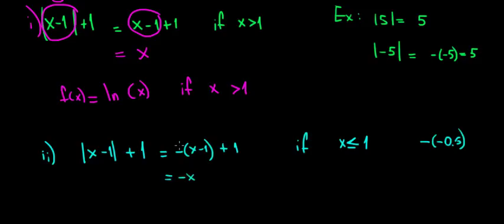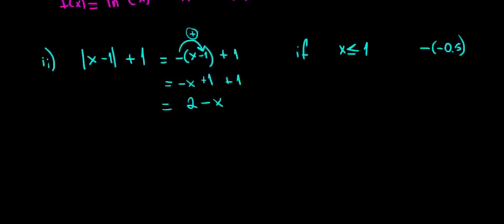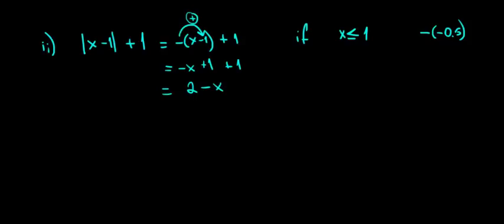That's minus x, and then we change the sign into plus 1, and then we add the 1 from here. That's equal to 2 minus x. Which means that we can write this function, remember, this is all under the logarithm, so f of x equals ln of 2 minus x if x is less than or equal to 1.